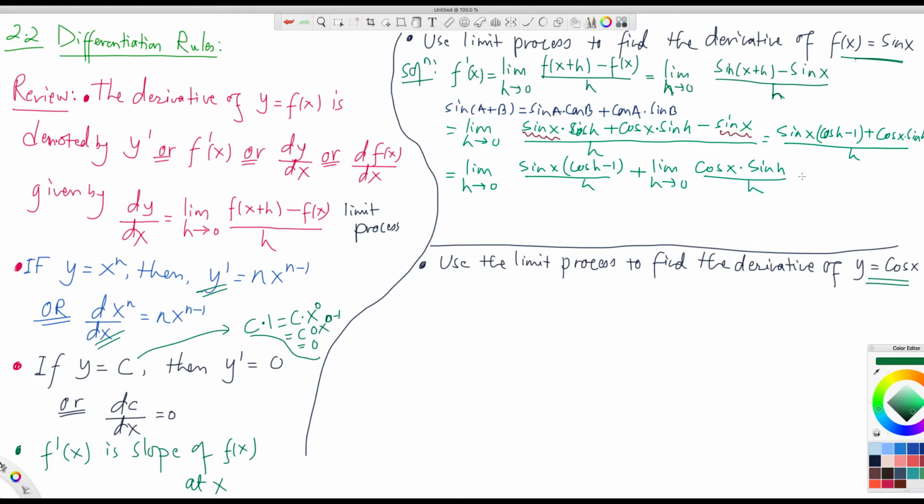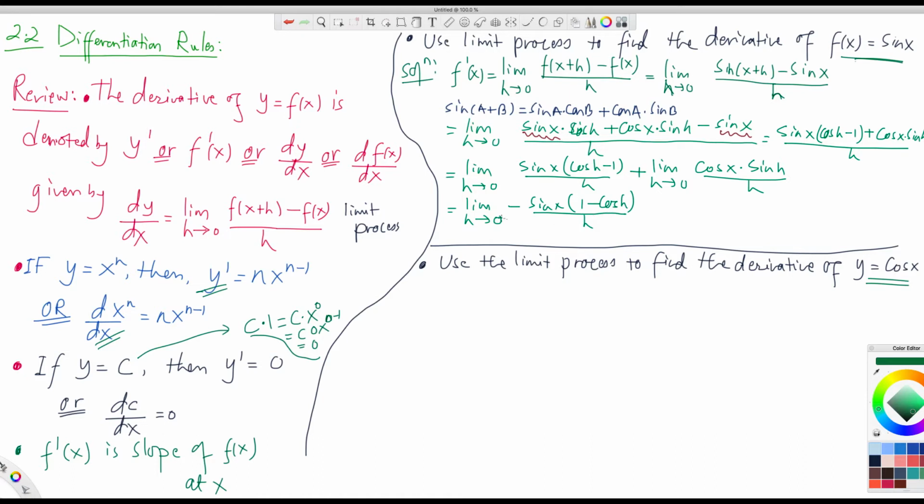You can write that way, right? If you want to, you can write 1 minus cosine h here and then write a negative sign there. Let me do that one more time. So basically you can write the limit as h tends to 0 of minus sine x times (1 minus cosine h) divided by h.